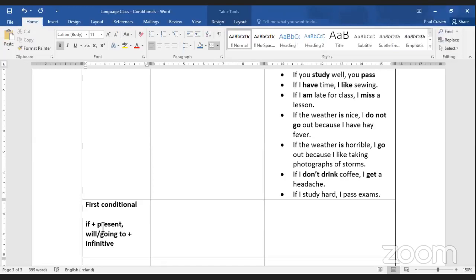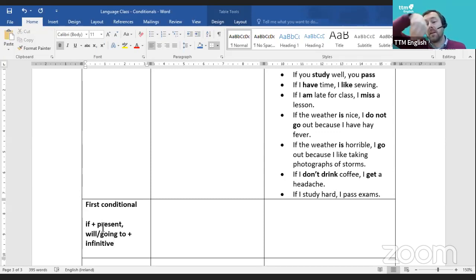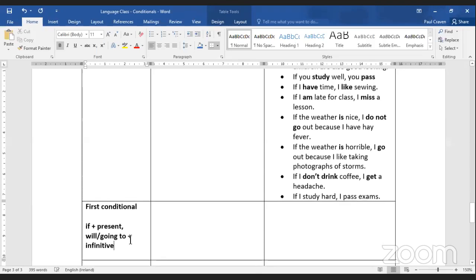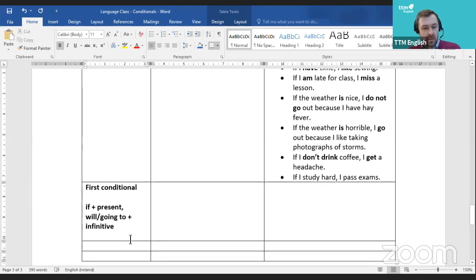Will and going to, I suppose we count those as modal verbs because they tell me that the verb I'm talking about is in the future. But they're auxiliary verbs, aren't they? They help me create the tense. Yes. So if plus present, will or going to plus infinitive.